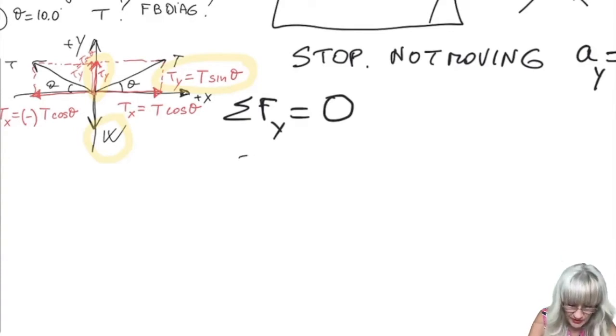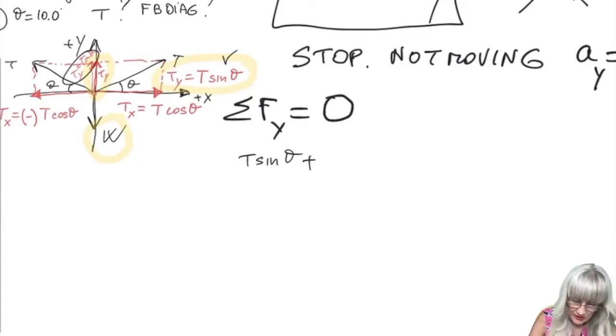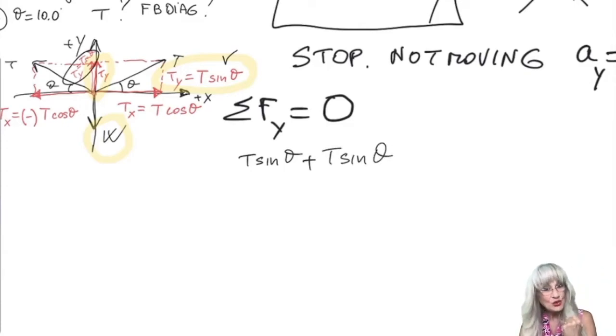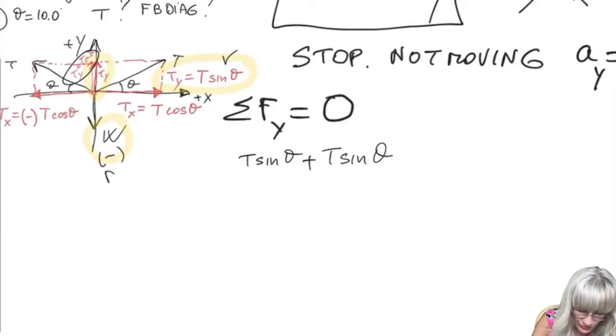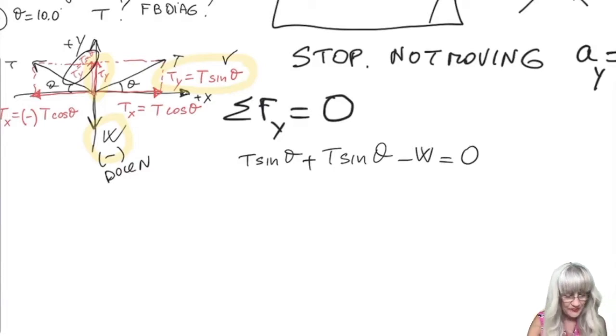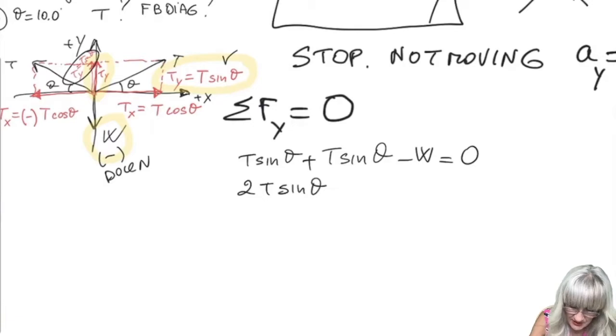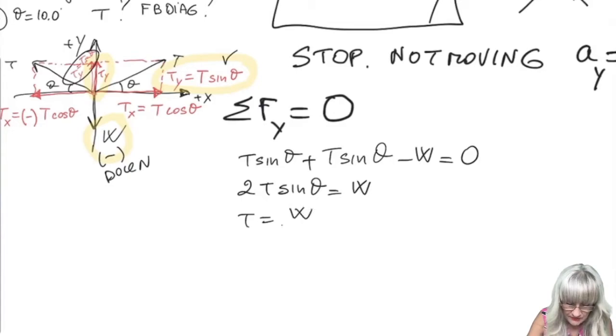The first will be T sine of theta, so I use this one. Then I'm going to add this other, again T sine of theta, and then the weight I need to subtract because it's down, so it is negative, equal to 0. Simple equation, I'm going to solve it for T: 2T sine of theta equals the weight, so the tension is the weight divided by 2 sine of theta.